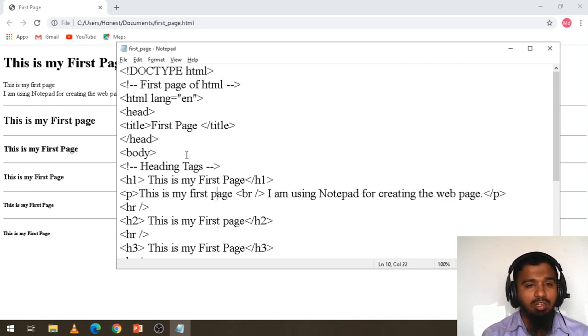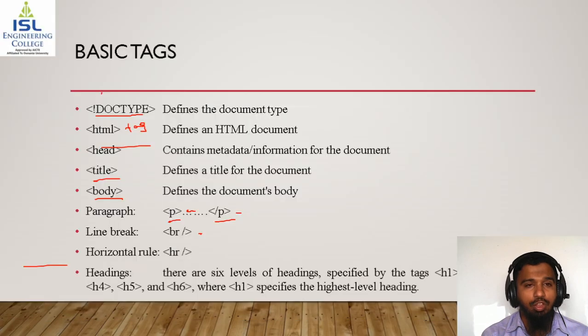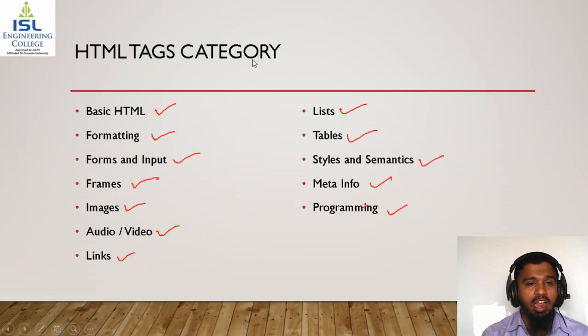In the next class we will work purely on the practical, and use the different tags, like the different tag categories I mentioned. We will see the basic tag, formatting tag. These tags we will do on one file.